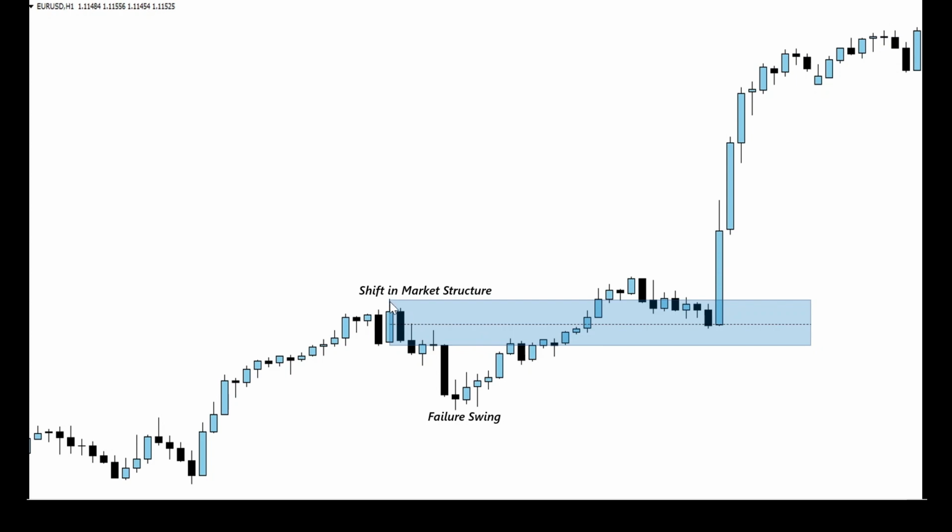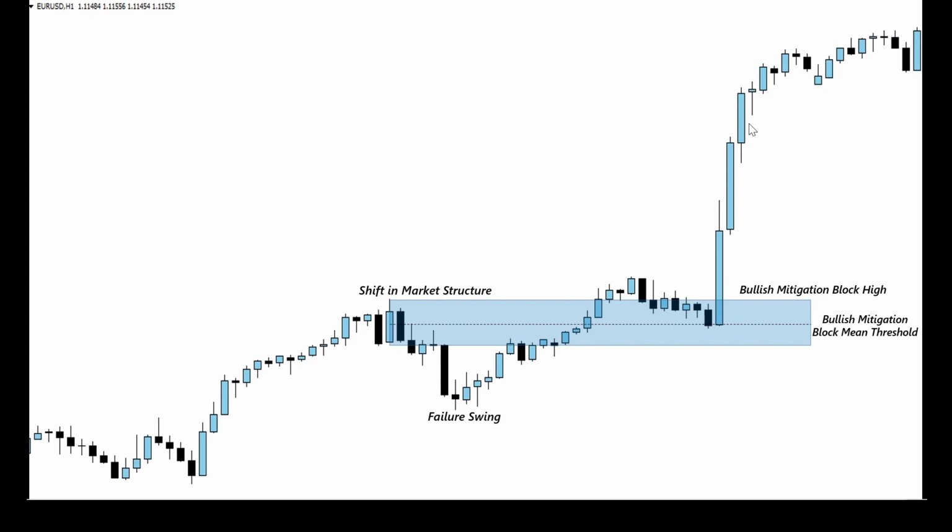Now, the upper half of the mitigation block is considered the most sensitive. So from the mean threshold to the high of the bullish mitigation block is where you're going to potentially stalk your setup. So we can call this the bullish mitigation block high. We can call the midpoint the bullish mitigation block mean threshold.